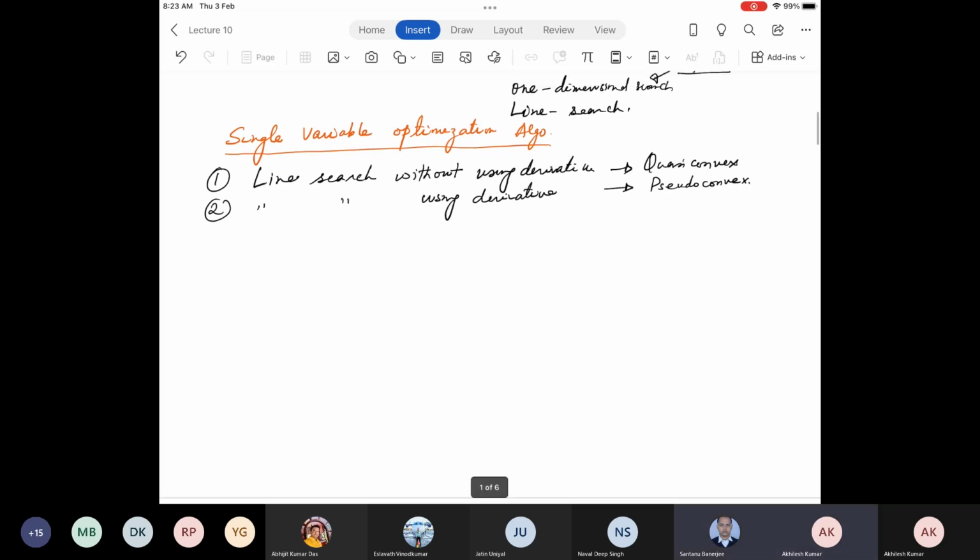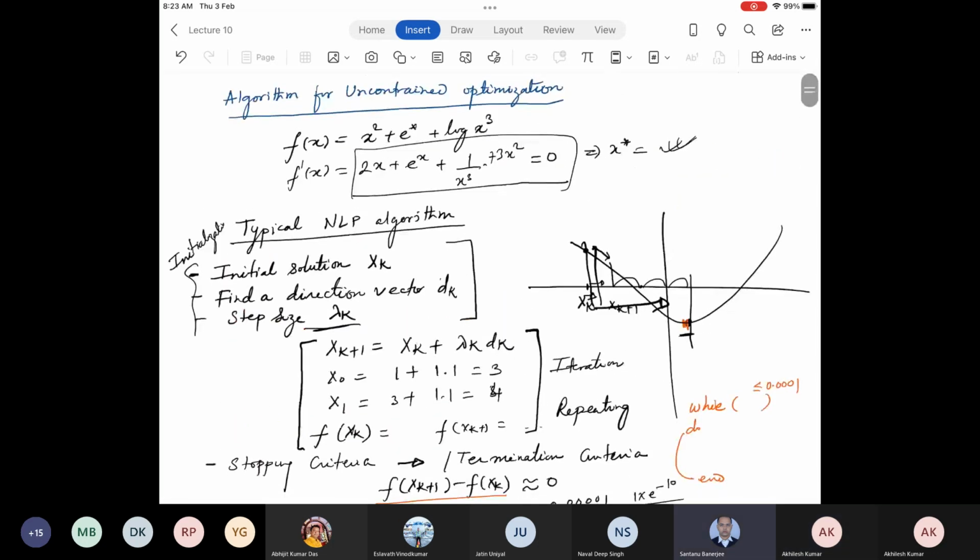Sir, I have one question. Here in one direction we are trying to find the minimum. So we get a minimum point, and suppose in some other direction, that same point is a maximum point. I mean, can you elaborate? I'm not getting it. In the same direction, it can be minimum and maximum also, is that what you're saying?